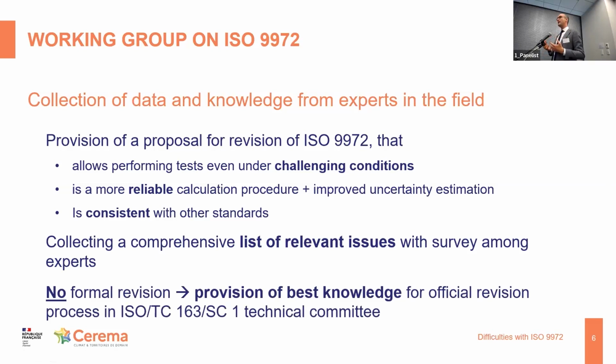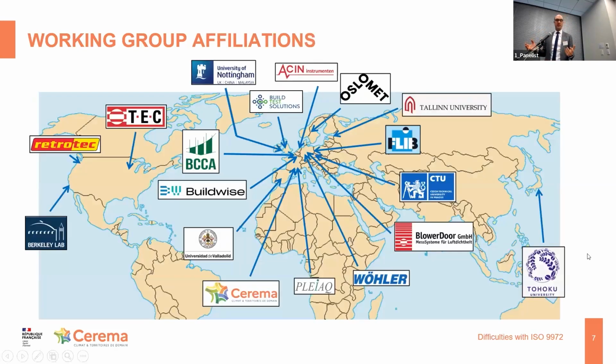However, I would like to highlight this should not be a formal revision of the standard. This should gather the best knowledge of experts in the field as a basis for an official revision in an ISO technical committee later.